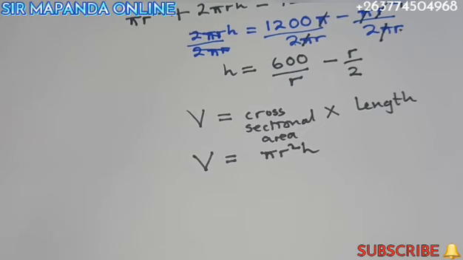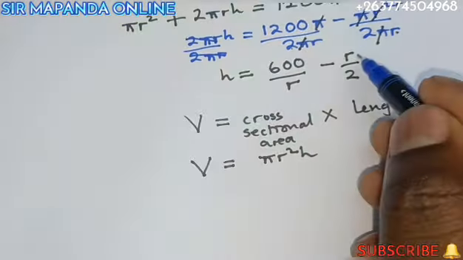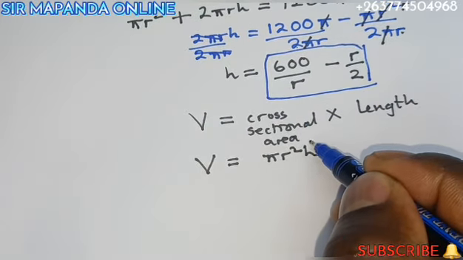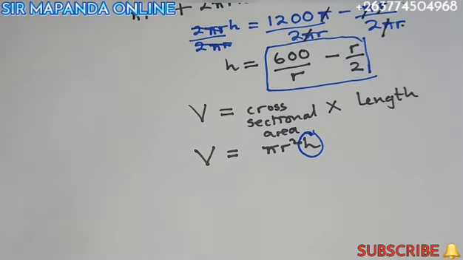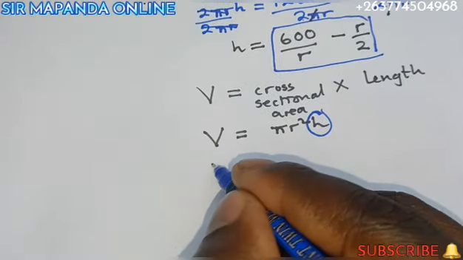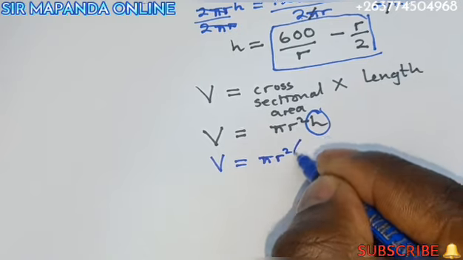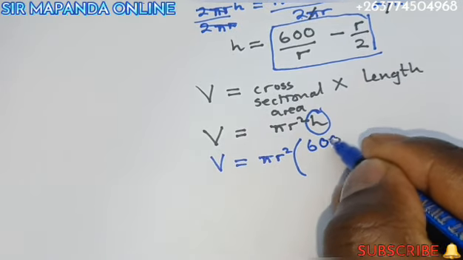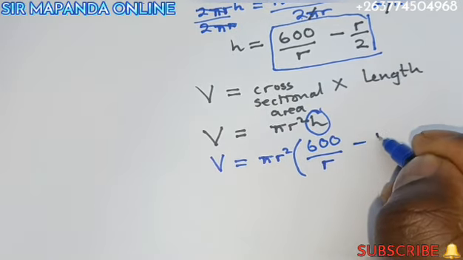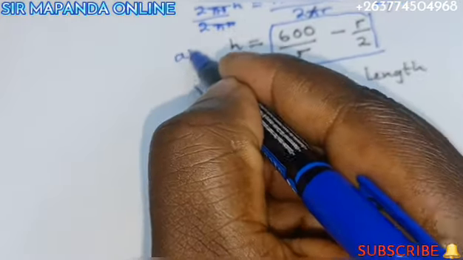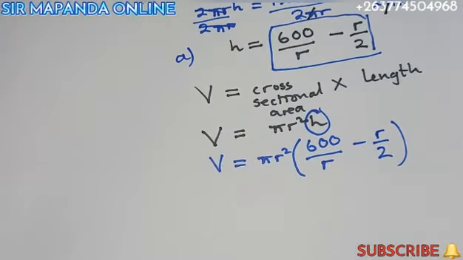We are now utilizing the value of h that we got in part A and plugging it in so that we express the volume in terms of r as per the requirement of the question. So you get V is equal to pi r squared, open bracket, 600 over r minus r over 2, which is the value of h in part A, now substituted for h.